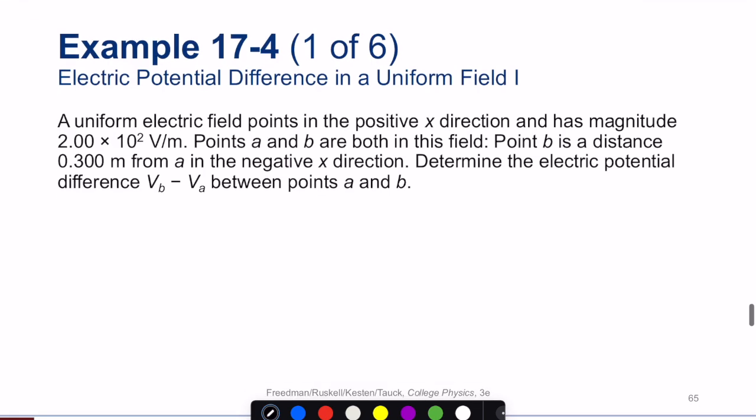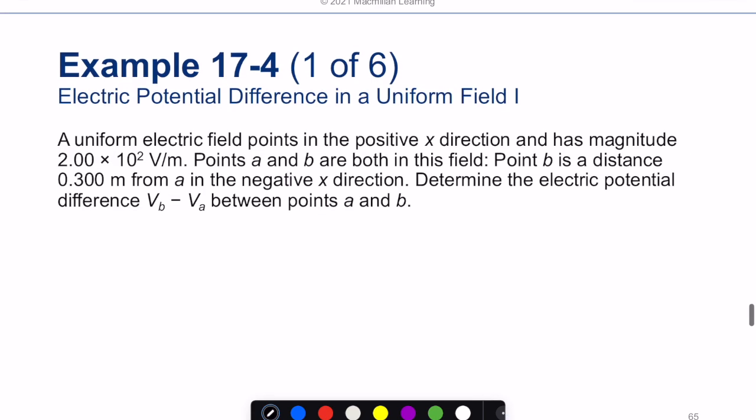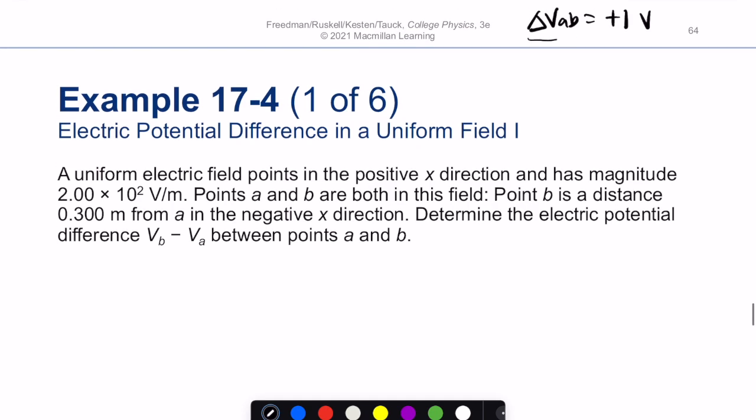So let's do this example where we calculate the potential difference between 2 points to really illustrate what this delta V_AB means, right? The potential difference between point A and point B. So we have a uniform electric field and it's pointing in the positive X direction.